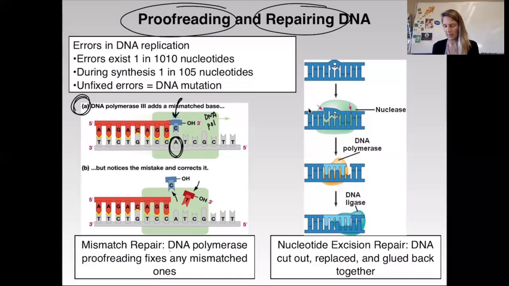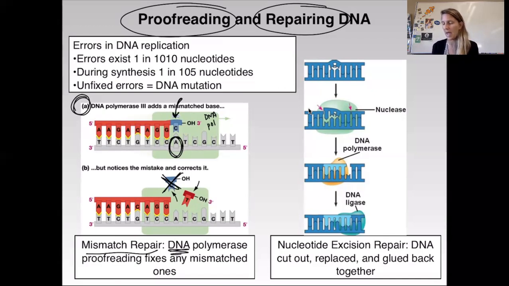So what DNA polymerase can do is it sees that error. It senses that, for example, the width of the DNA is not quite right, and it will go back out, take out that mistake and put in a new one. So this is called mismatch repair, where it can proofread and fix an error, all right?